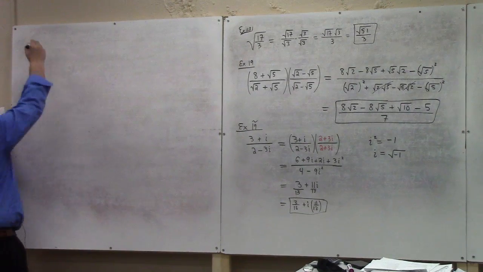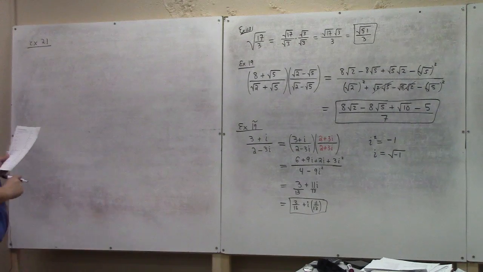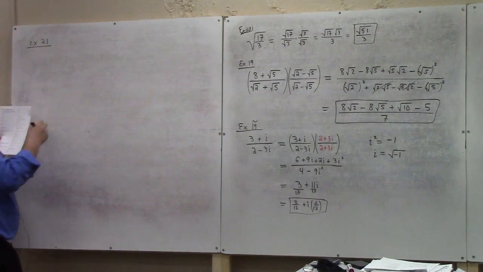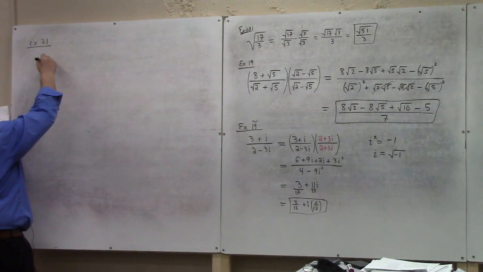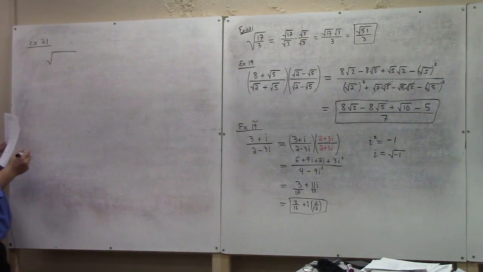Let's see here. Here's exercise 21. So what we're now doing is we're solving equations involving radicals, all right? Oh, we did 20 before. So exercise 21, which you of course know since you've watched the videos from previous classes.